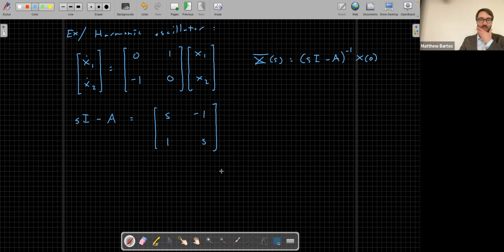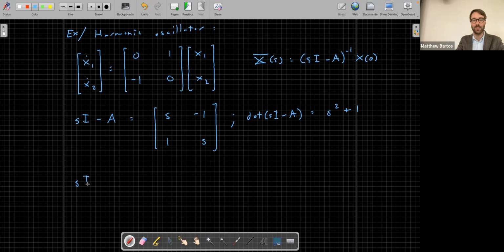Okay, so that's sI minus A. So to compute the inverse, what do we need to do first? Right, we need to compute the determinant. So let's compute the determinant of sI minus A. This is going to be equal to s squared plus 1, right?